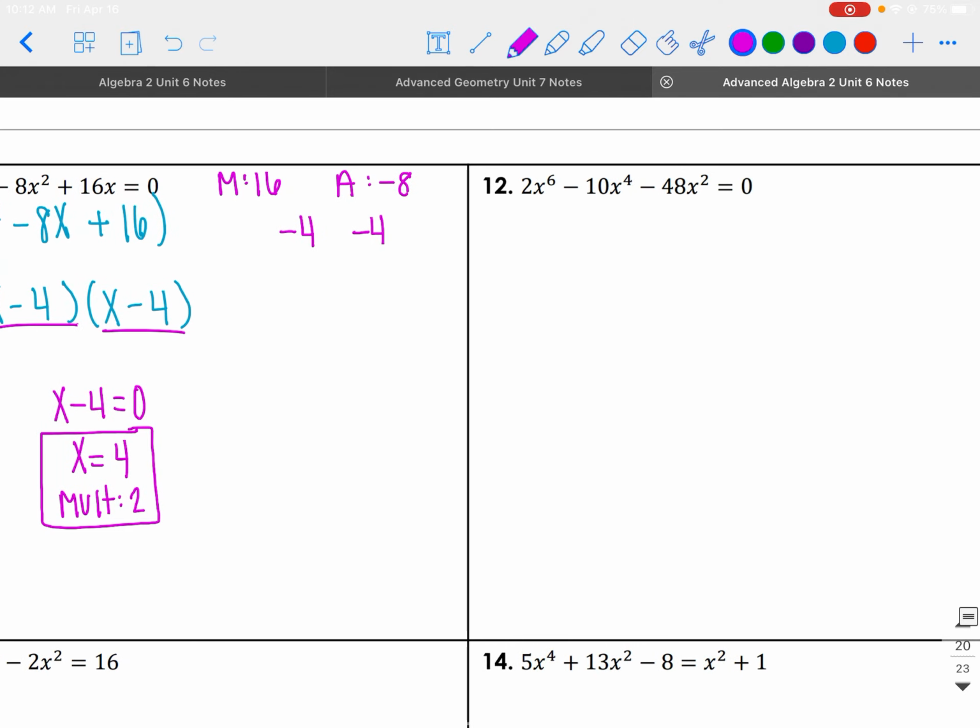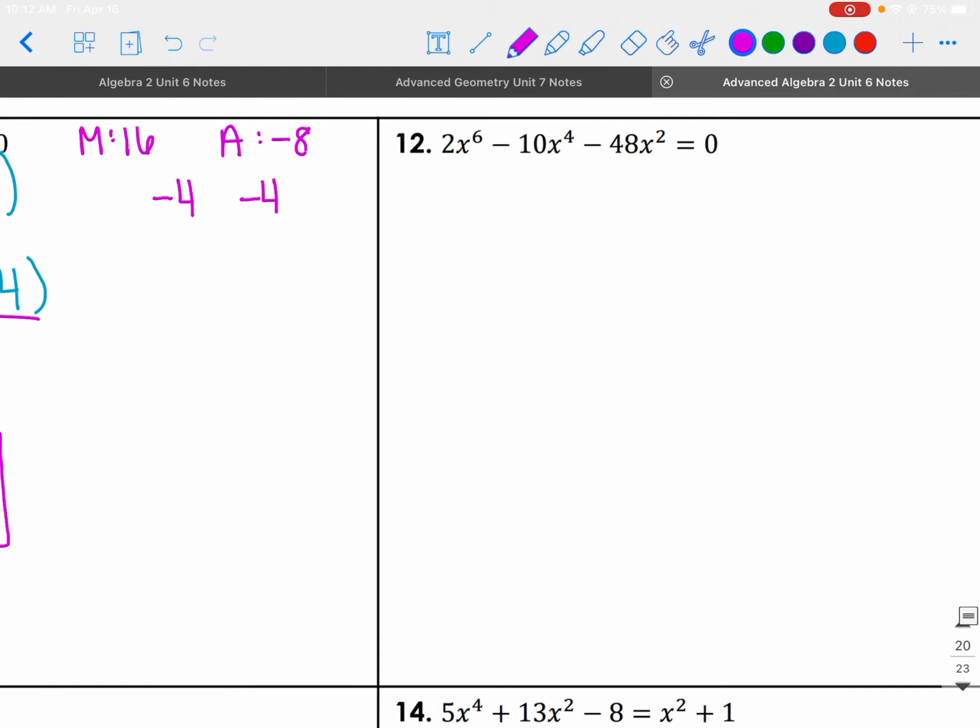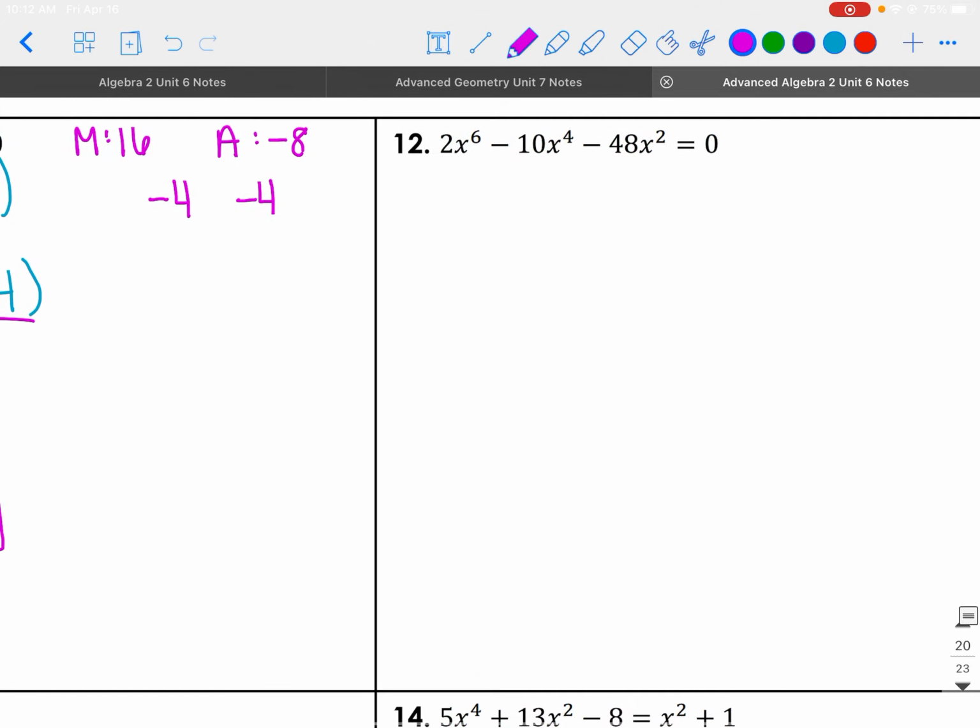All right, let's look at number 12. This one has a GCF of x squared. No, 2x squared actually.